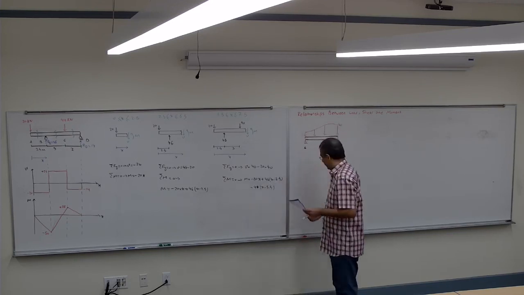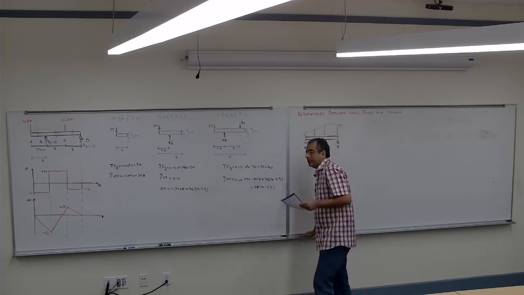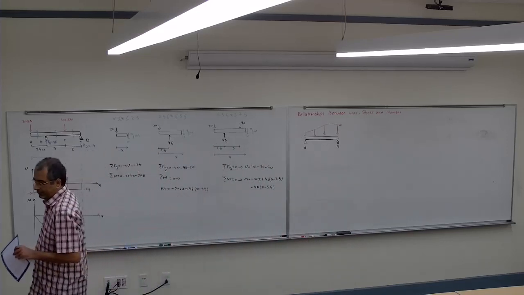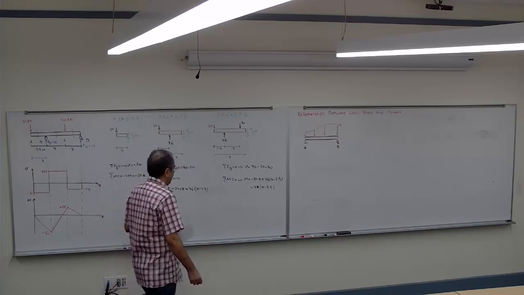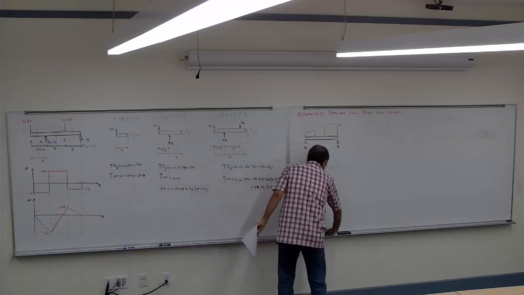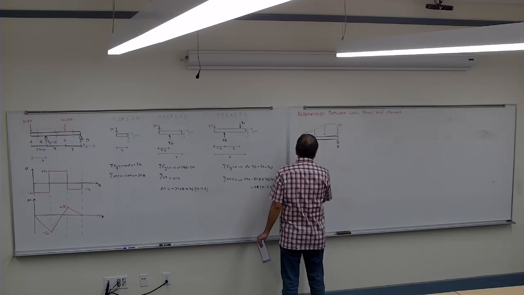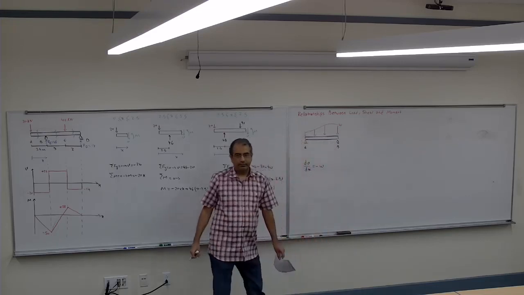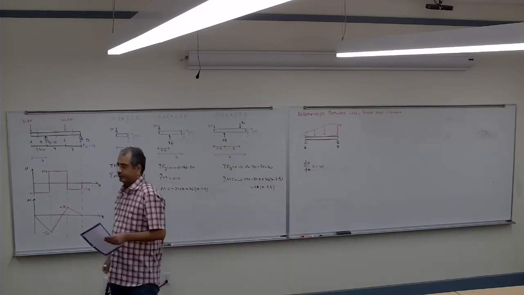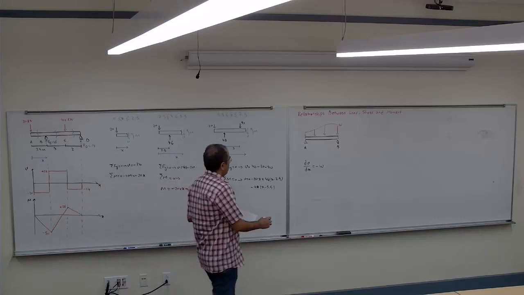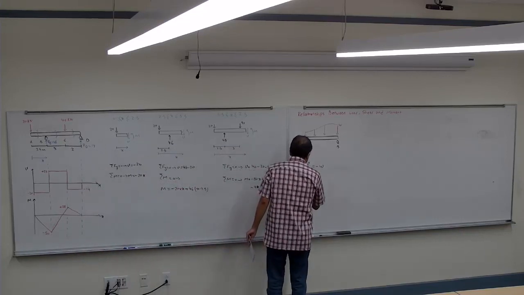So you have a distributed load that looks like this. The very first relationship that we know is that dV over dx is negative w. In other words, what is dV over dx?